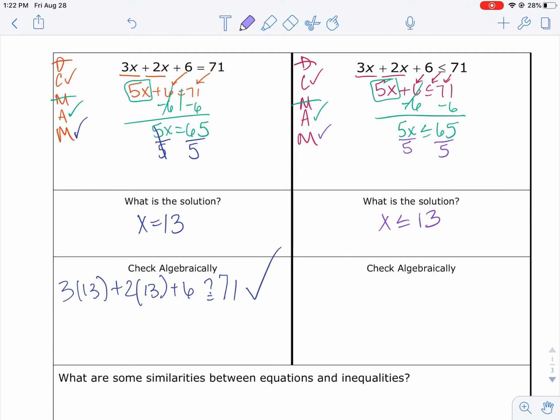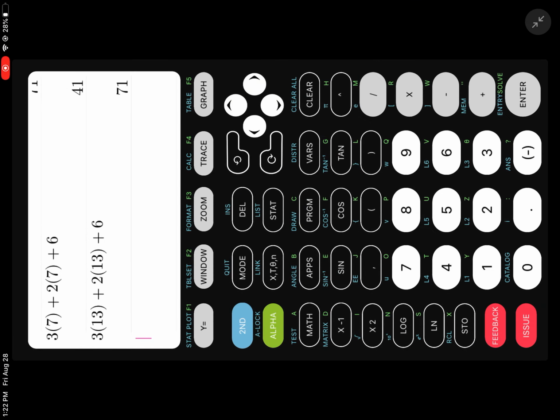So to check this algebraically, I'm going to pick any number in the world that is less than 13. I like the number 7. That 7 is less than 13, so I'm going to use 7. You can use whatever number you want. I'm going to plug in 7 as my solution and see if that is less than 71.